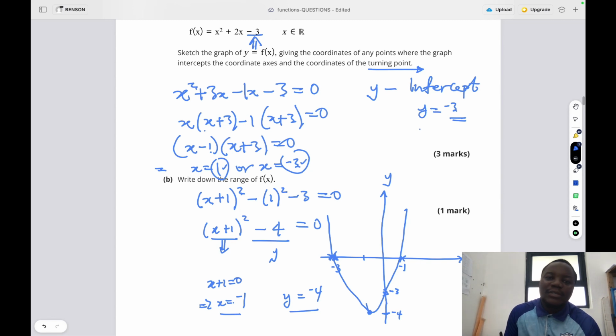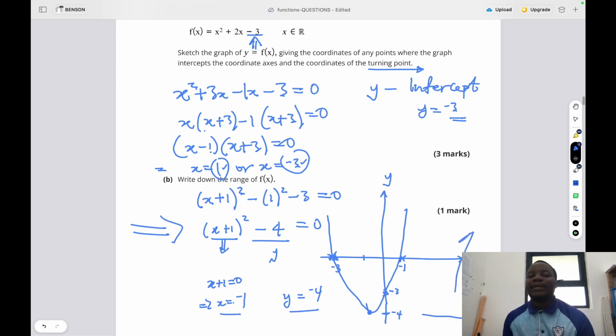Now, just before we look at another question, when we complete the square, we get the equation as it is here. If we were asked to find the range of this function, you can see that this graph starts from the line negative 4 and it shoots up like that.